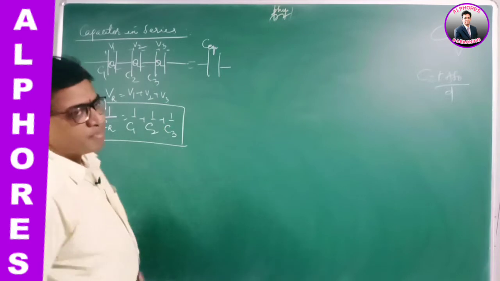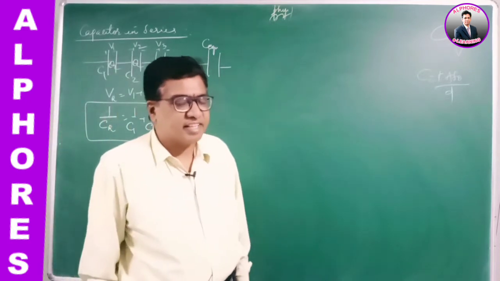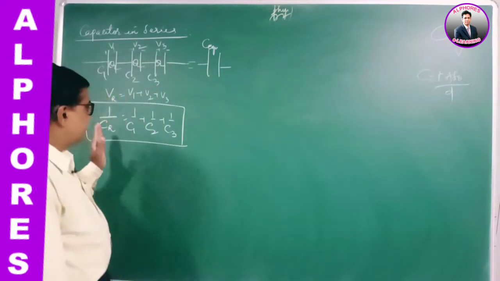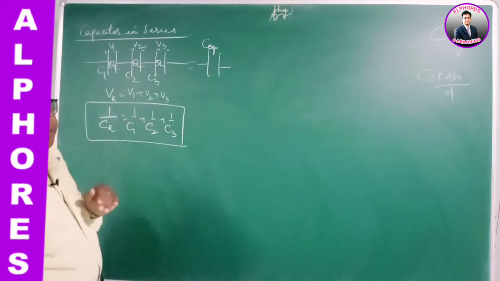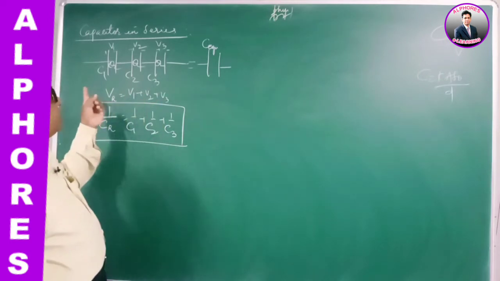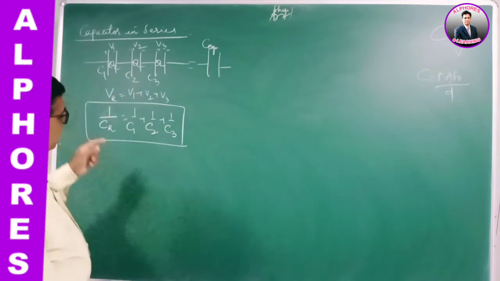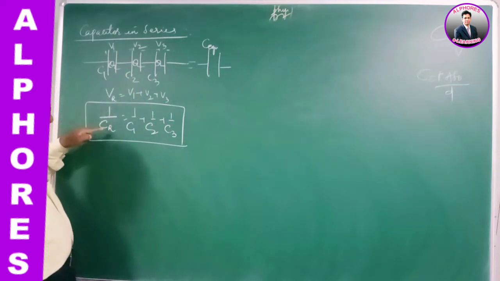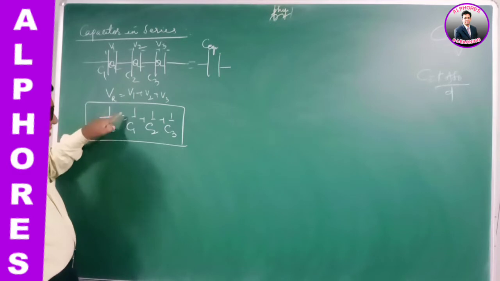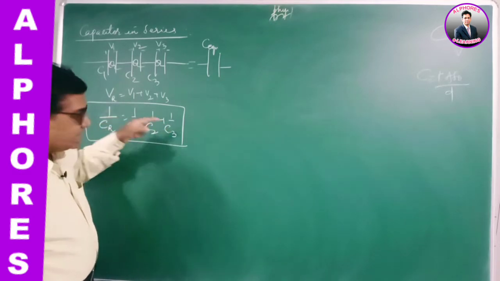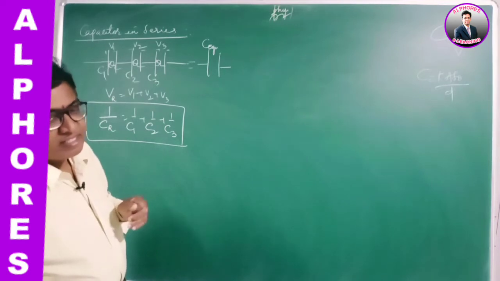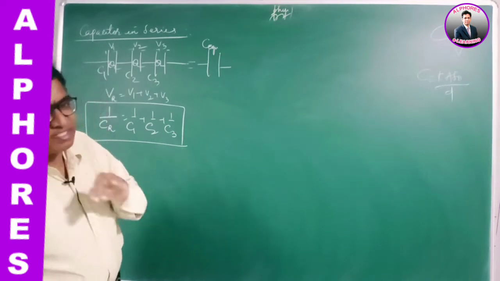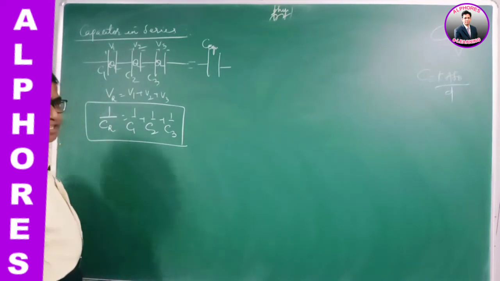The resultant capacity is the reciprocal sum. The reciprocal of the resultant capacity is the sum of the reciprocals of the individual capacitances.